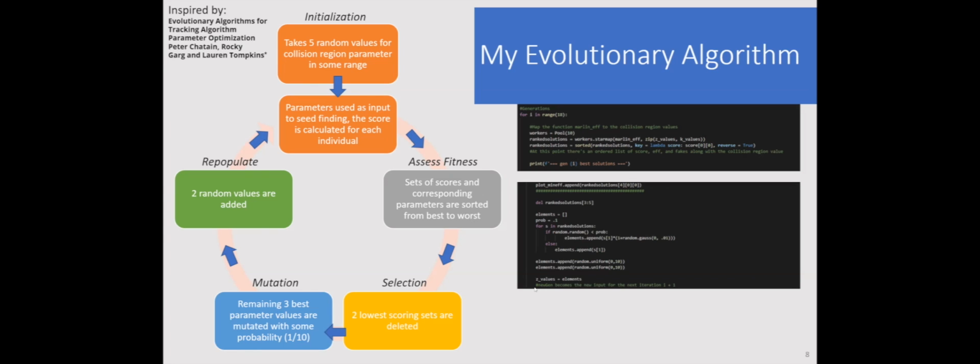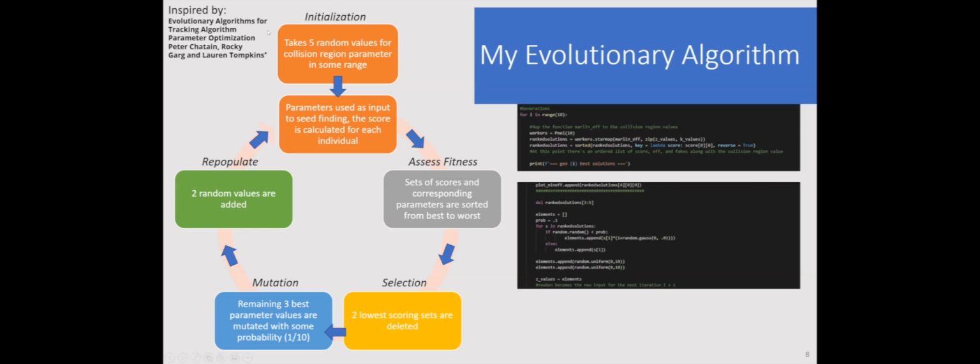You have some population, you assess the fitness of that population, you select individuals from that population, and then you subject that set of individuals to a chance for mutation. And then you just keep doing that selection and mutation process until what you're left with is the fittest individuals.